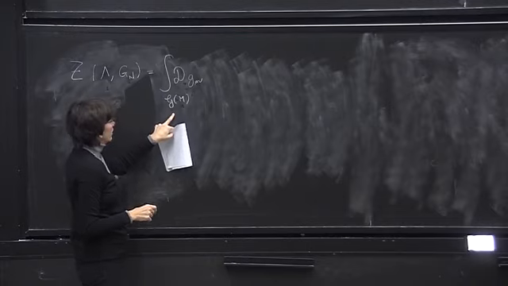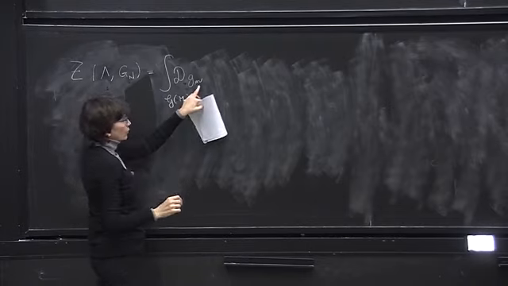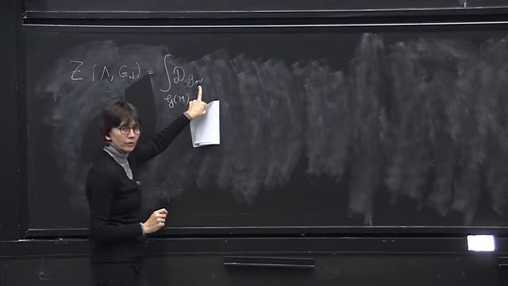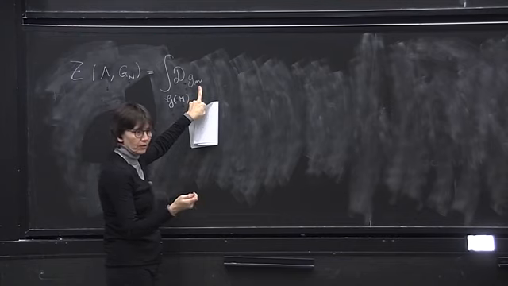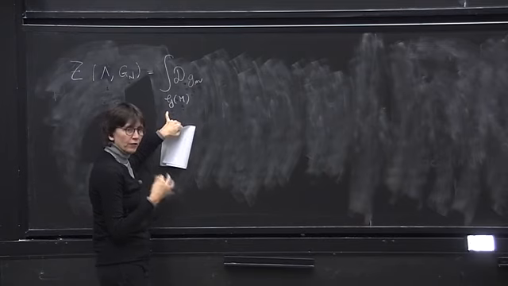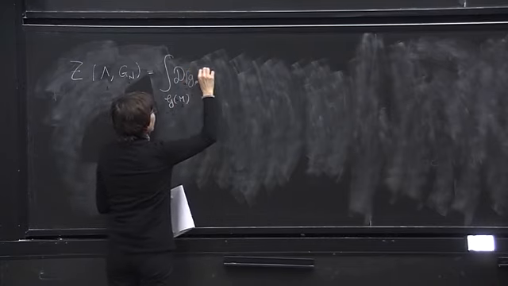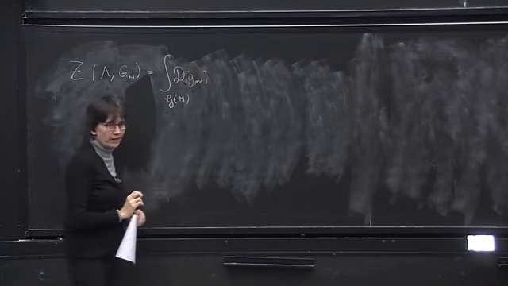Now, what is usually meant here is not the metrics themselves, because as we saw, they carry gauge freedom. There is redundancy in the elements of the metric, but what one really wants to integrate over here are physically distinct configurations. And that usually is indicated by this notation with square brackets.